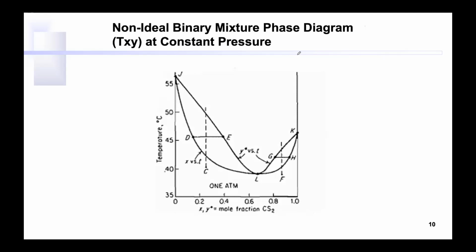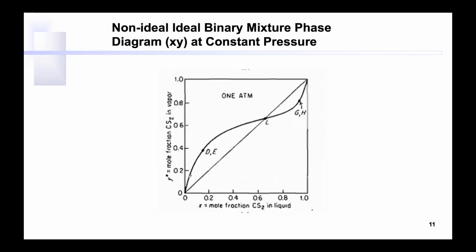Okay, what happens with the azeotropes? What happens with the non-ideal binary mixture phase diagram? For example, this one with the azeotrope. If we have a TXY diagram and we change it into the XY diagram, that means the area that we have is only up to here.